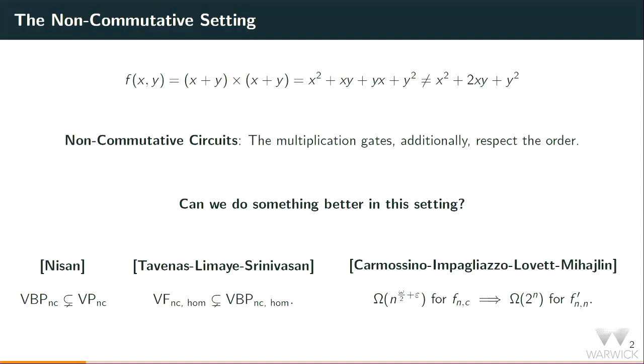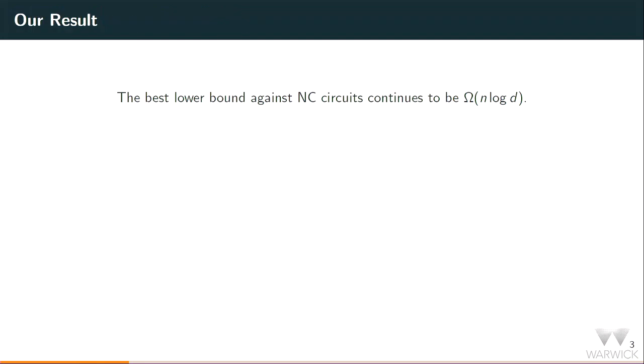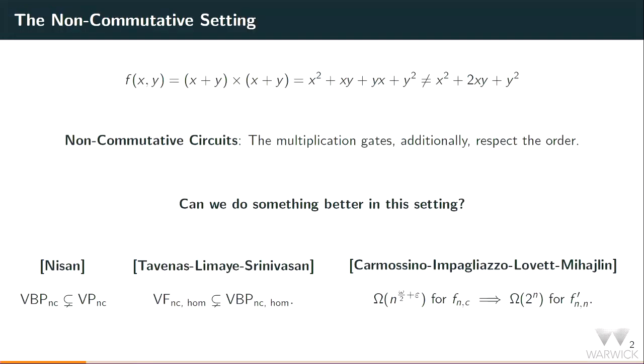So it's not unreasonable to ask whether we can give better lower bounds in this setting. But unfortunately, even in the non-commutative setting, we couldn't improve the bound by Baur-Strassen, maybe because of such strong amplification type results that are known.